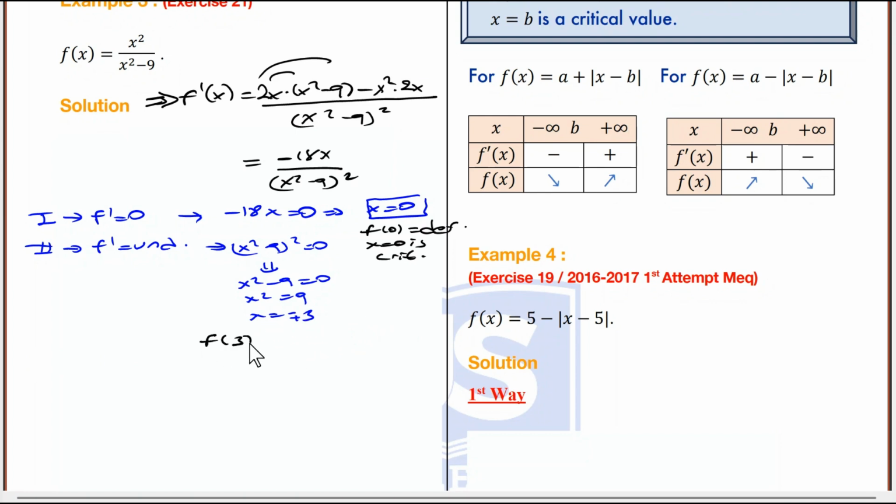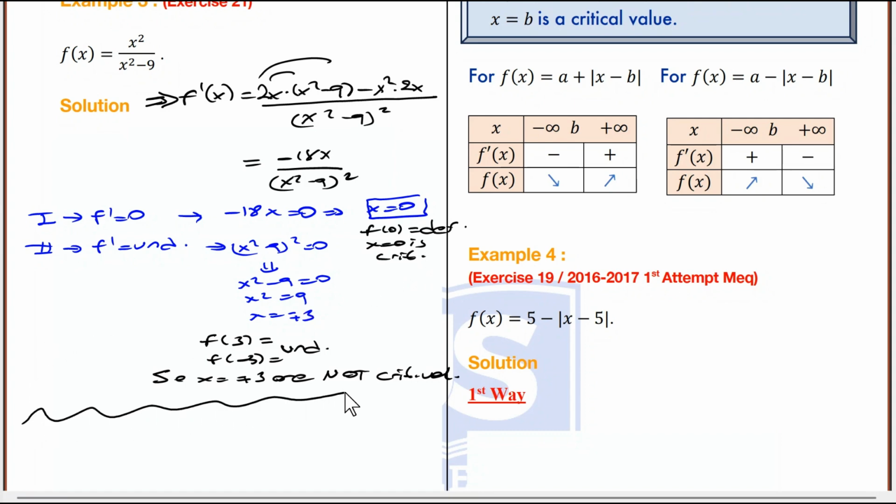Is f of 3 defined? Is f of negative 3 defined? When you put 3 back, it makes the denominator 0, so undefined. Put negative 3 back in the original function, it also makes the denominator 0, so they are both undefined. So x equals plus minus 3 are not critical values. So we have only one critical value.